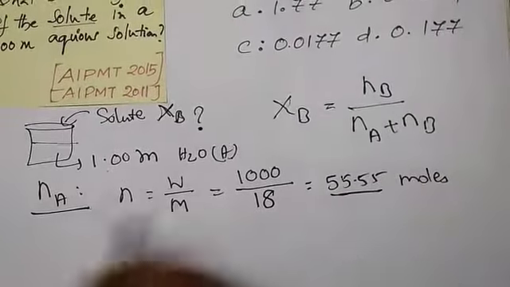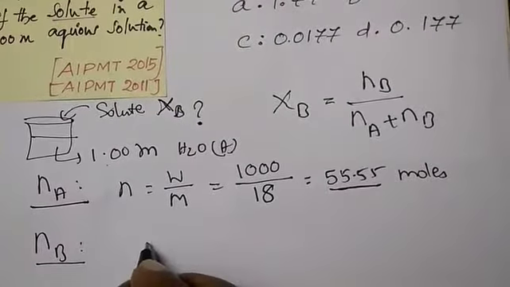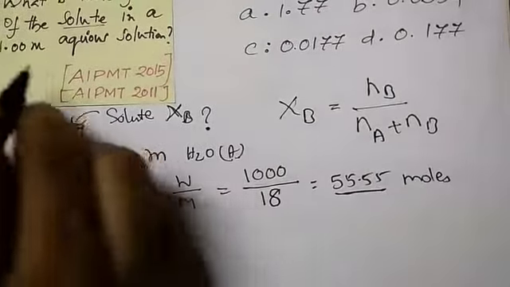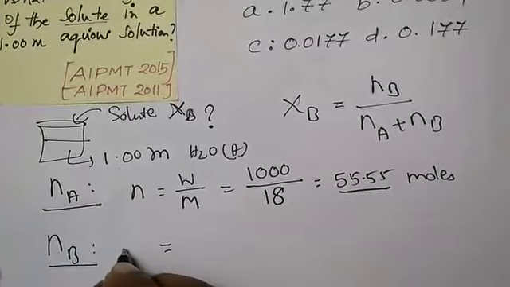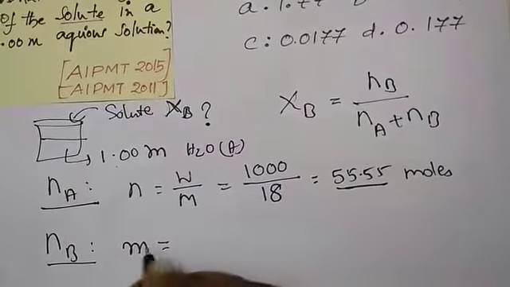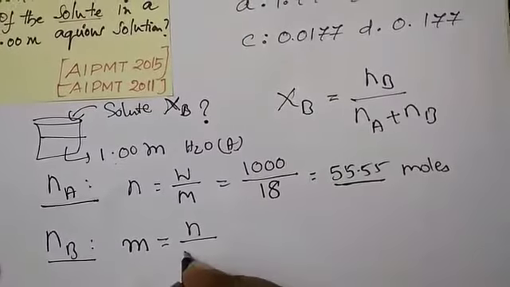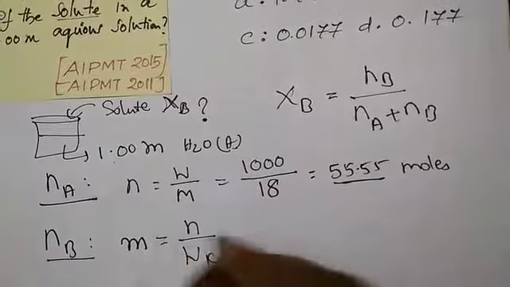Anyhow, let us go to the next work, which is NB. The same formula is there: number of moles equals given weight by molar mass. Here the formula is given as small m, molality. Molality is equal to number of moles divided by the weight of solvent in kilogram. Now substitute the values.